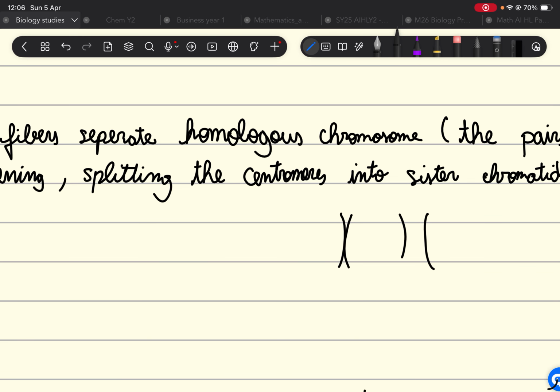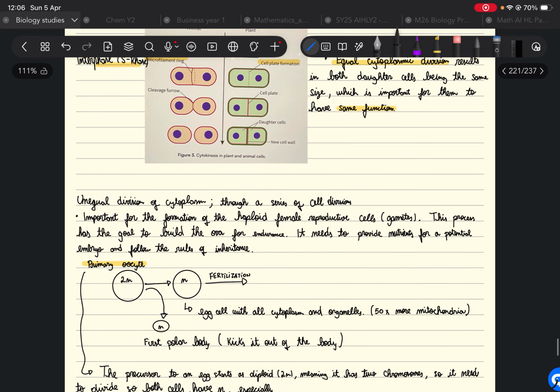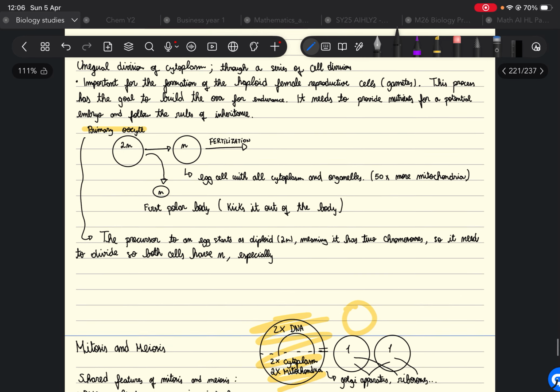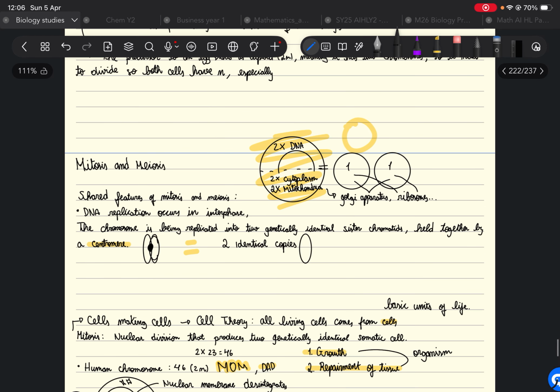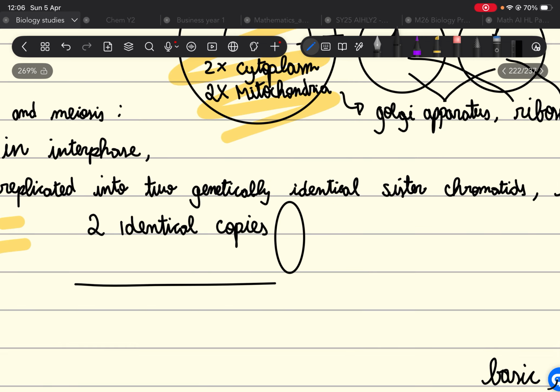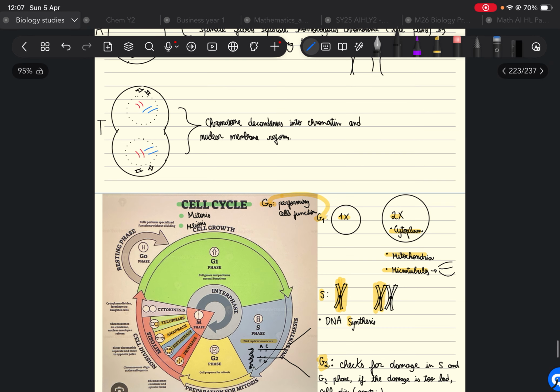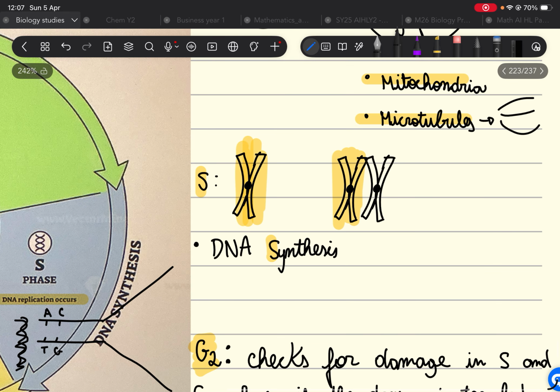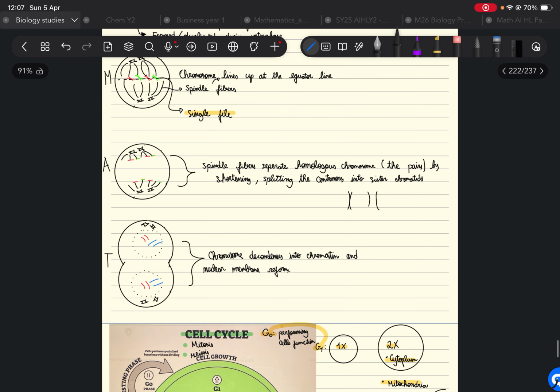They are identical, right? They are identical because they were photocopied in the S phase, where there was the DNA synthesis, a better image here, right?